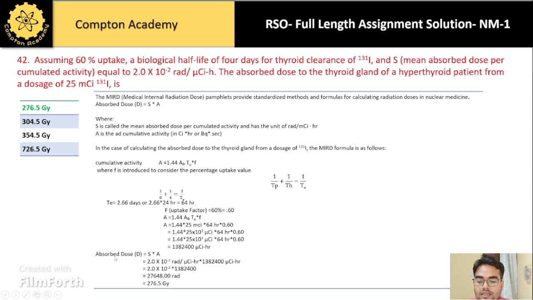After this we calculate the absorbed dose using the mean absorbed dose per accumulated activity. The S value is given here as 2.0 × 10^-2, and it is multiplied with the accumulated activity, and then we get 276.5 gray. This would be the correct answer for this.